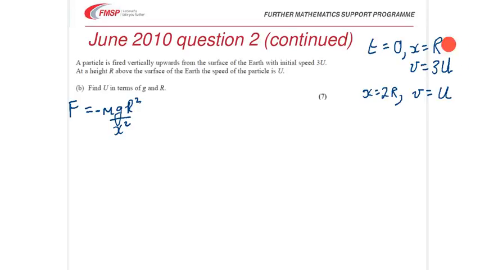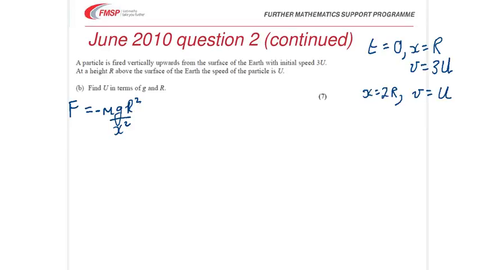At height r above the surface of the Earth, so when the distance from the centre is 2r, v is u. And we're going to use those conditions in a moment. We've got to find u, the speed, in terms of g and r. So let's bring in the velocity now.